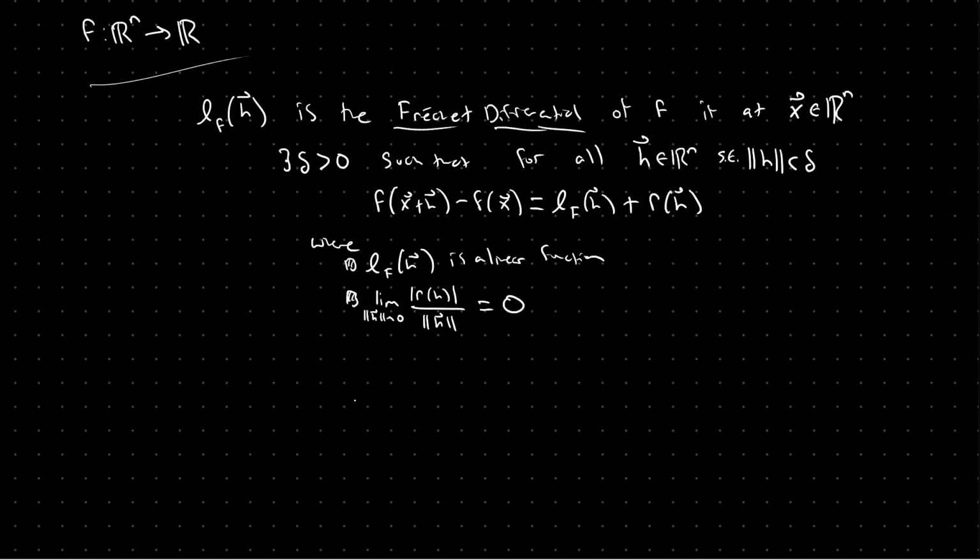And if this linear function exists, we call it the Frechet differential. So L_f of h is the Frechet differential, and the Frechet derivative is the representation of the operator. It's the actual operator itself.